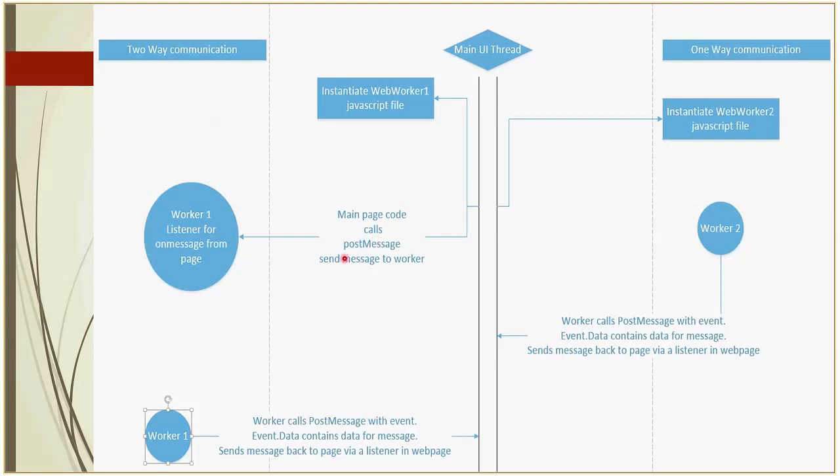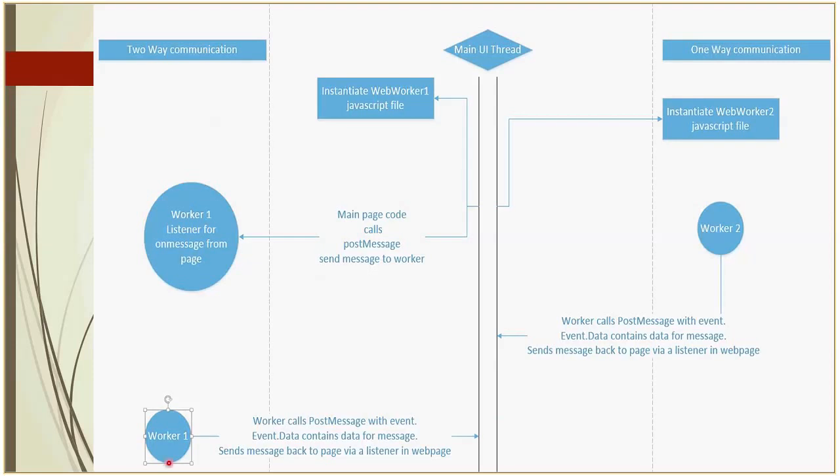So messages is what gets transported, and how that message is posted is done via post message, which is a JavaScript function available for HTML5. Okay, then the main page code calls the post message method in JavaScript, which sends a message to the worker, and then worker one listens for the on message event from the page and then reads that message.